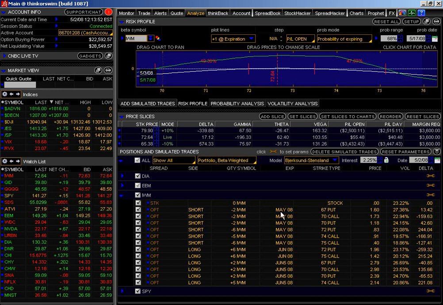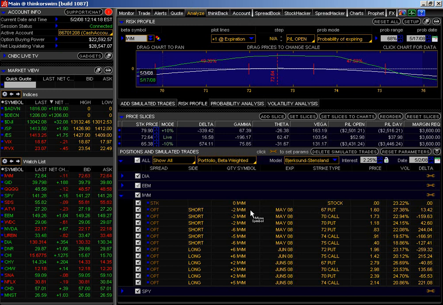We have the 67 put in May, we're short 2 of those, we're long 2 of the 67 puts in June, we're short 2 of the 70 calls here, we're long 2 of the 70 calls in June. So there's lots of calendars here, but you can see that they are all basically at different strike prices. And they're different options. One's a put, one's a call.